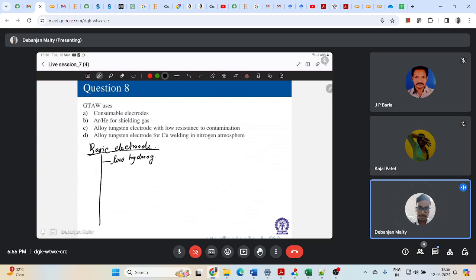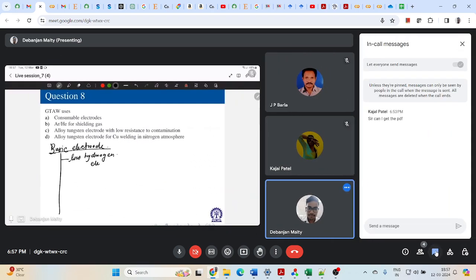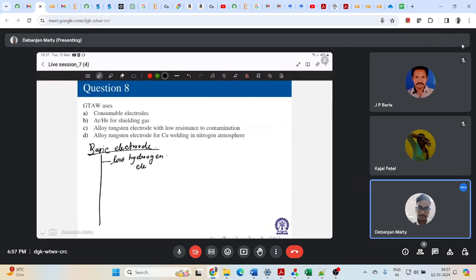So these are my low hydrogen electrodes. This will be more fluidic than the rutile coating.